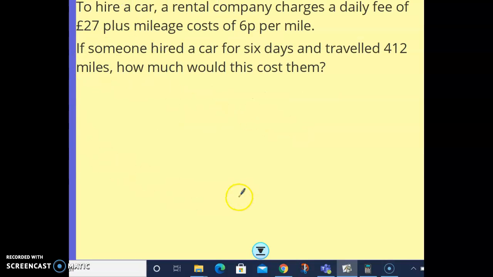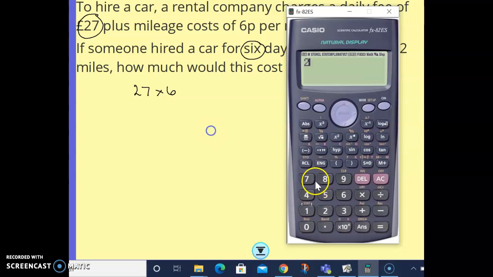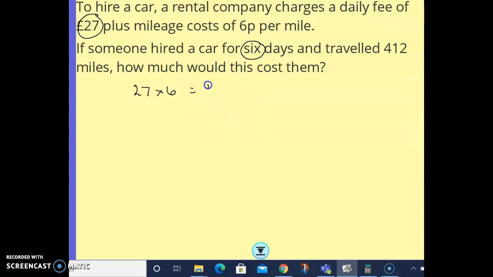Car hire question then. Remember again, units here. It's £27 each day for 6 days. So let's start by doing 27 times 6. It's 162. And then it's 6p per mile for 412 miles, so that's 6 pence, which is 0.06 of a pound, times 412.